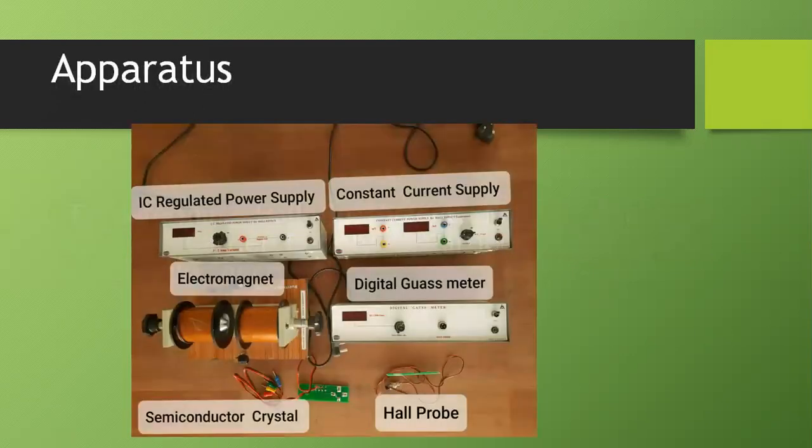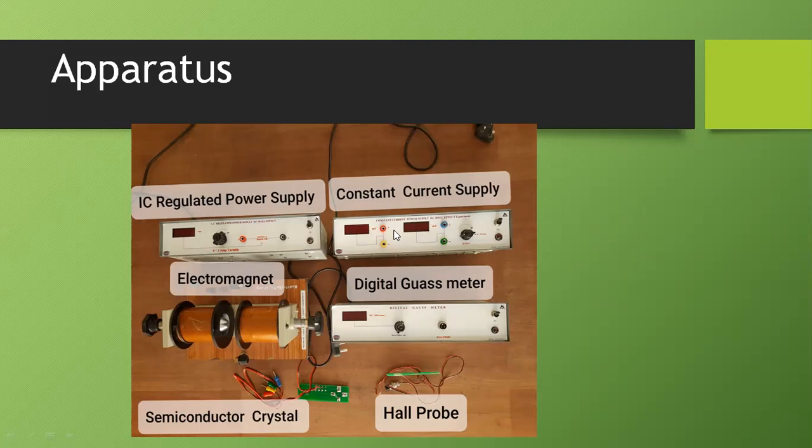Apparatus. We require an IC regulated power supply, electromagnet, semiconductor crystal with 4 probes, constant current supply, digital Gauss meter and Hall probe. Here, the IC regulated power supply provides the required current to the electromagnet to produce the magnetic field.